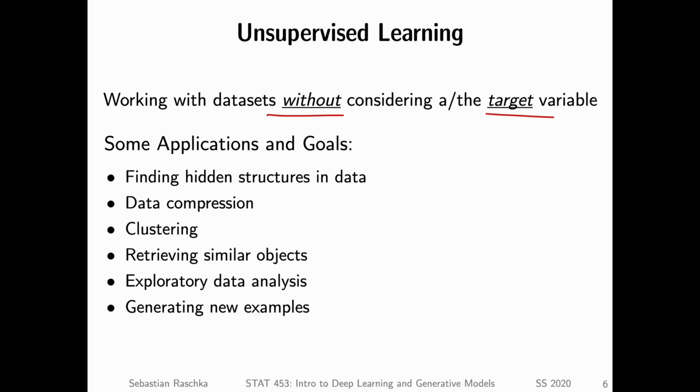One common application would be finding hidden structures in data, where you extract useful information from a very high dimensional data set. That can also be used for data compression, for example, where you want to store data on a certain storage space, but you don't have enough capacity to store all the features.